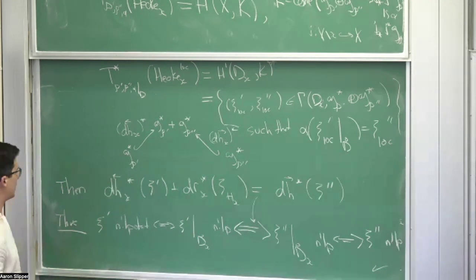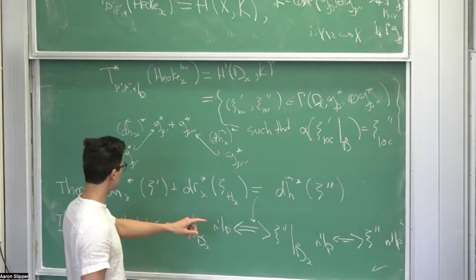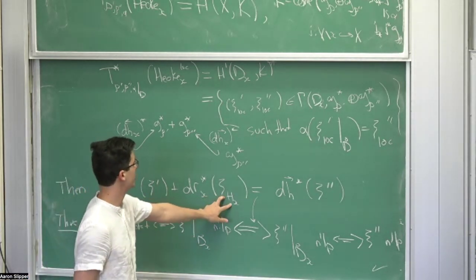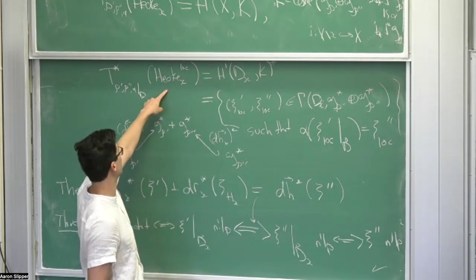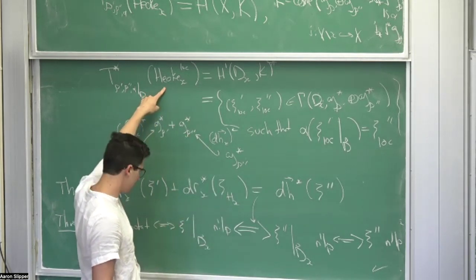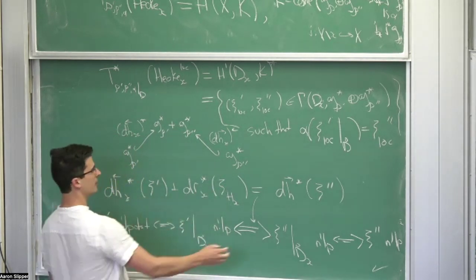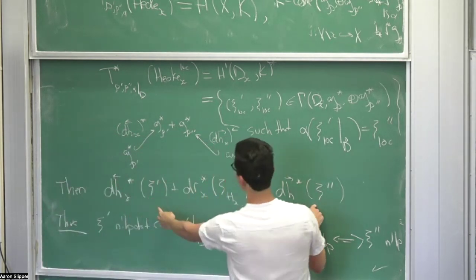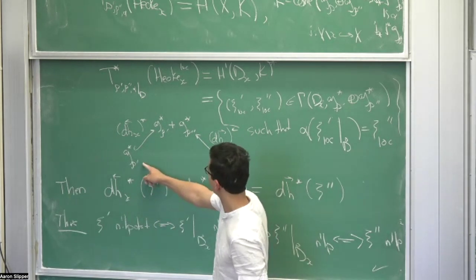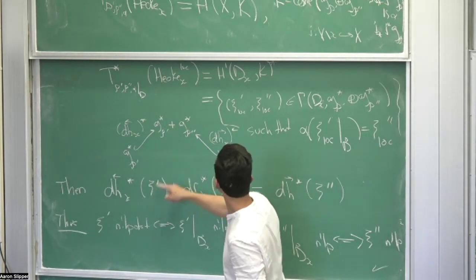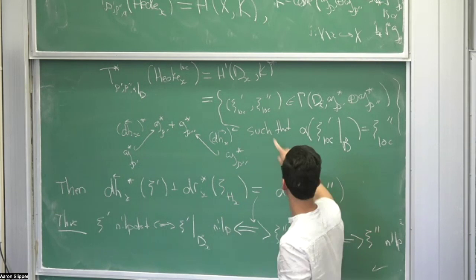Yeah. So this is how I understood it. Maybe it's slightly faulty, but this is how I understood it. So you have psi H lives in the Hecke stack, the tangent space. Okay, so now it's saying that this is equal to this minus this. Right. But under this identification, this must map to this one, and this must map to that one.